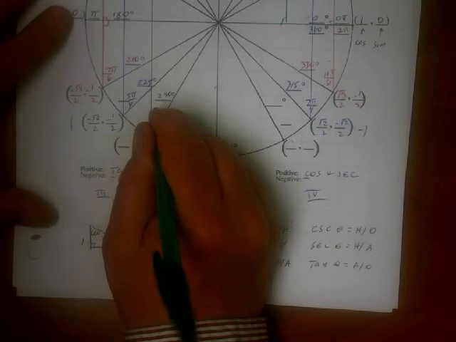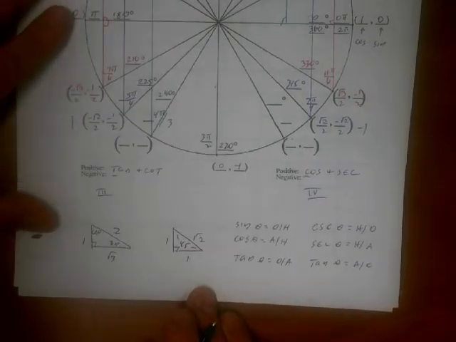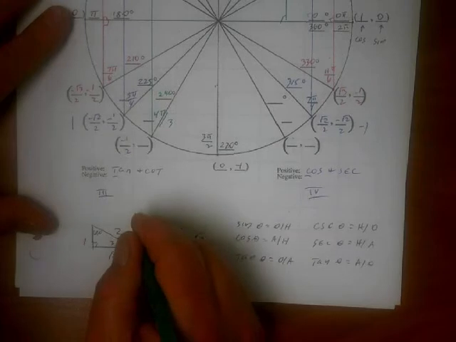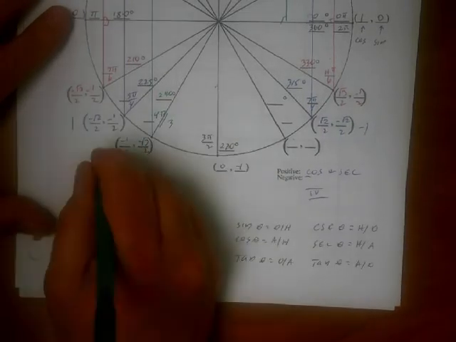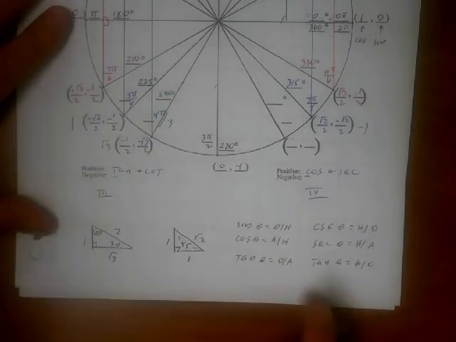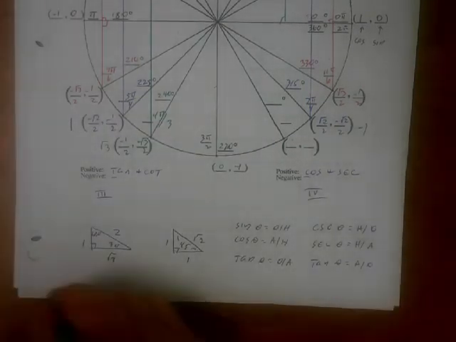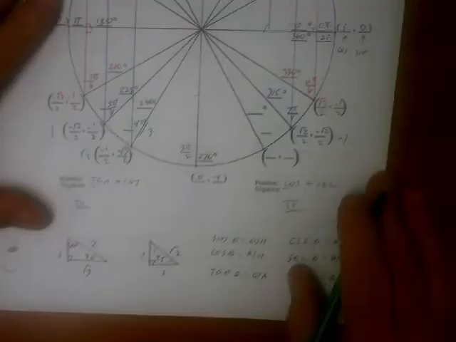Reflect this point over the x-axis. 240, 4 pi over 3. Negative 1/2, negative root 3 over 2, and this is root 3. That isn't right.